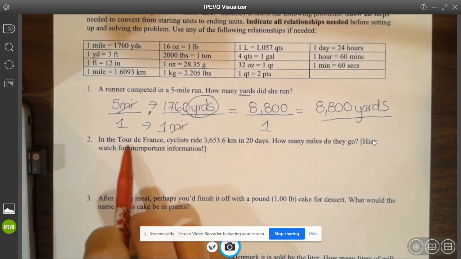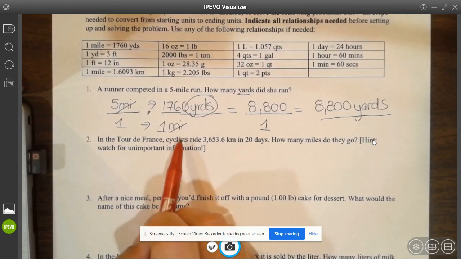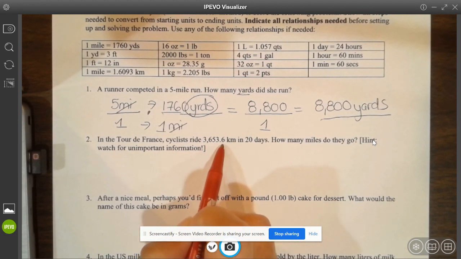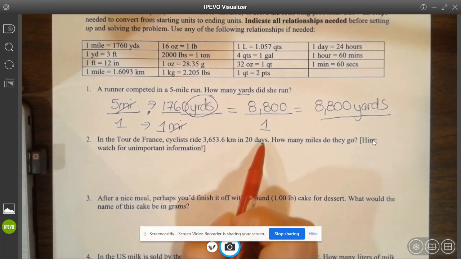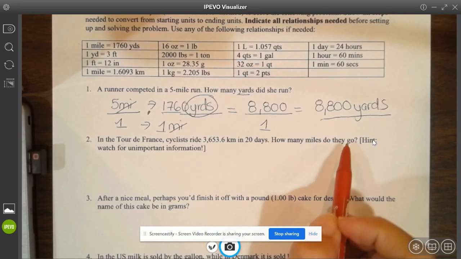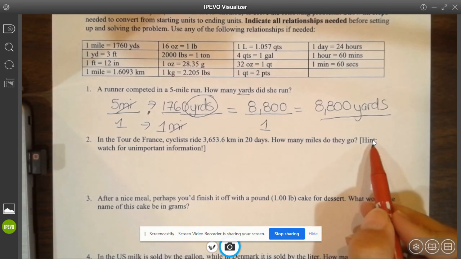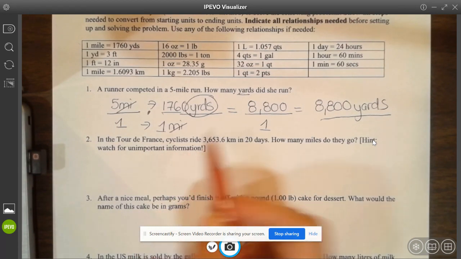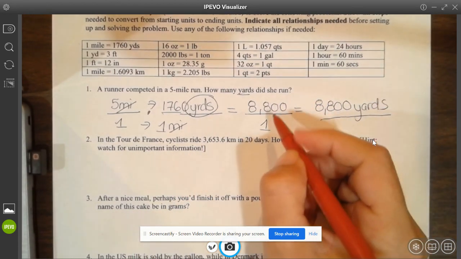Let's see. In the Tour de France, cyclists ride 3,653.6 kilometers in 20 days. How many miles do they go? It says here, hint, watch for unimportant information. What's the unimportant information here?